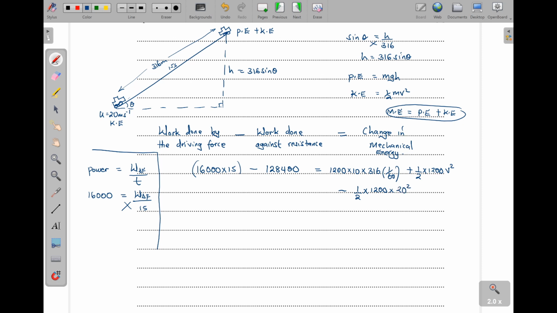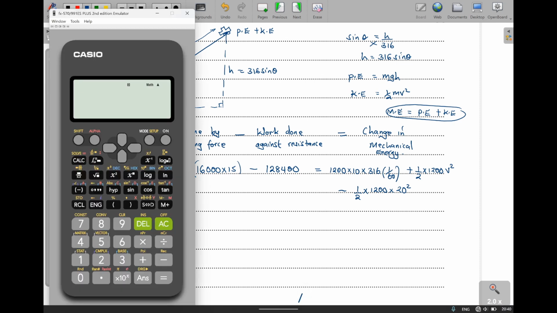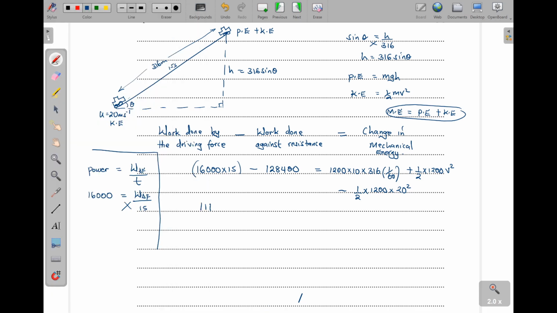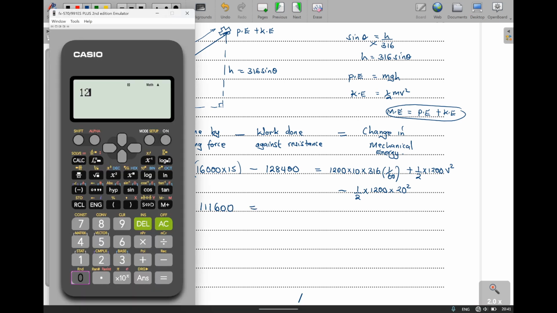So on the left, when we simplify, what do we get? We have 16,000 times 15, then subtract 128,400. This one gives us 111,600. Then we go to the right, 1200 times 316, then we divide that by 60.